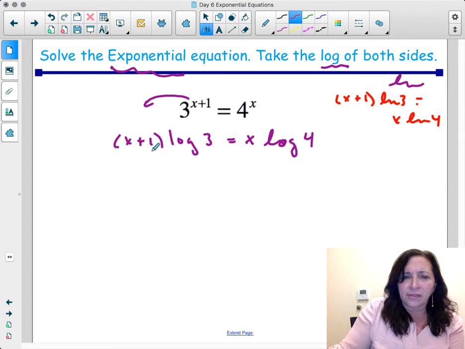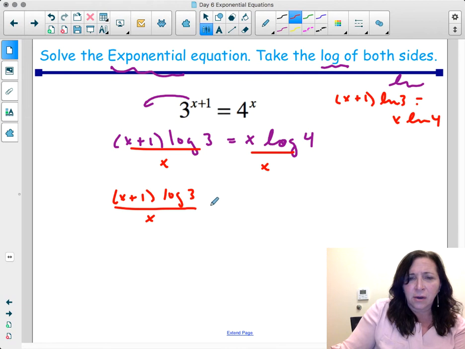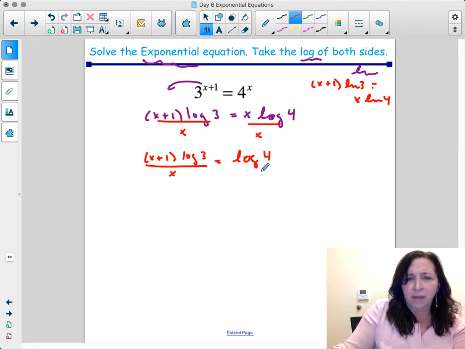I'm going to get my x's on the same side. So on this, I'm going to divide by x on both sides. So now I have x plus 1 log of 3, base 10, of course, over x equals log 4. And then what I'm going to do for this problem is divide by log 3.